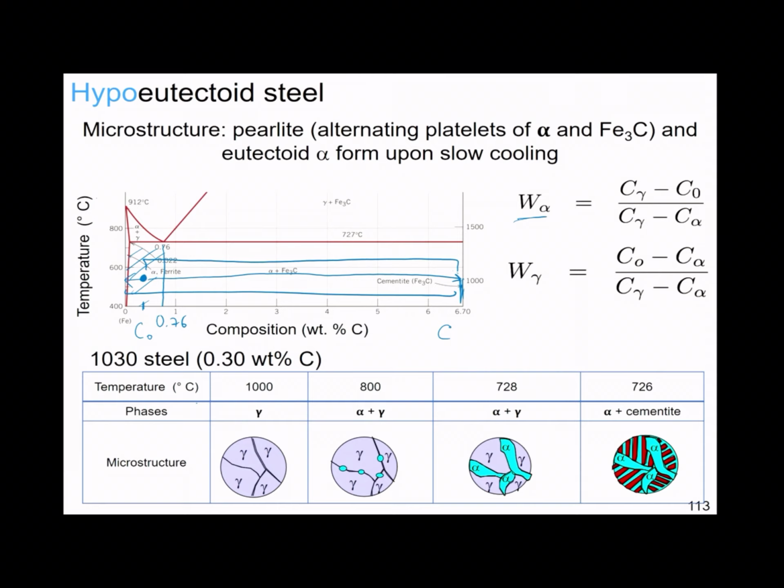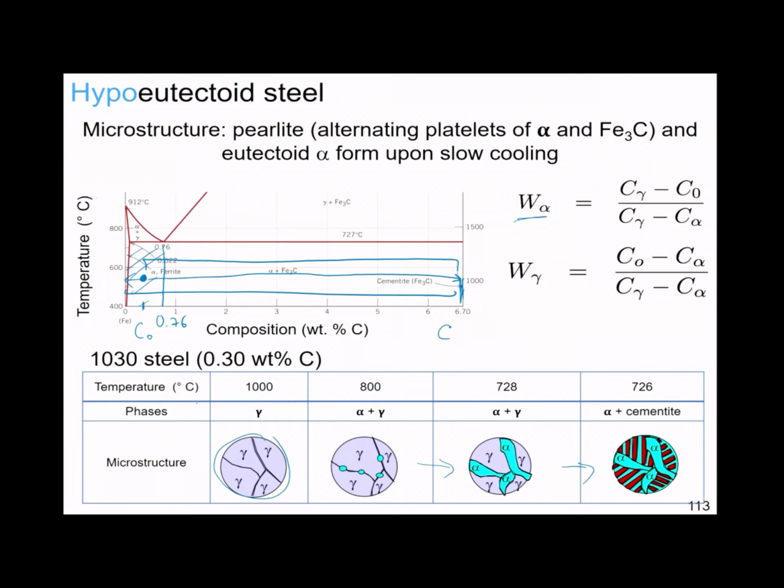The microstructure looks like this, where you're at 1,000 degrees C, you have all of gamma already solid, and then you'll have the emergence of the pro-eutectoid alpha, and that starts to grow right at the grain boundaries. And then they'll continue to grow some more in the blue regions there.